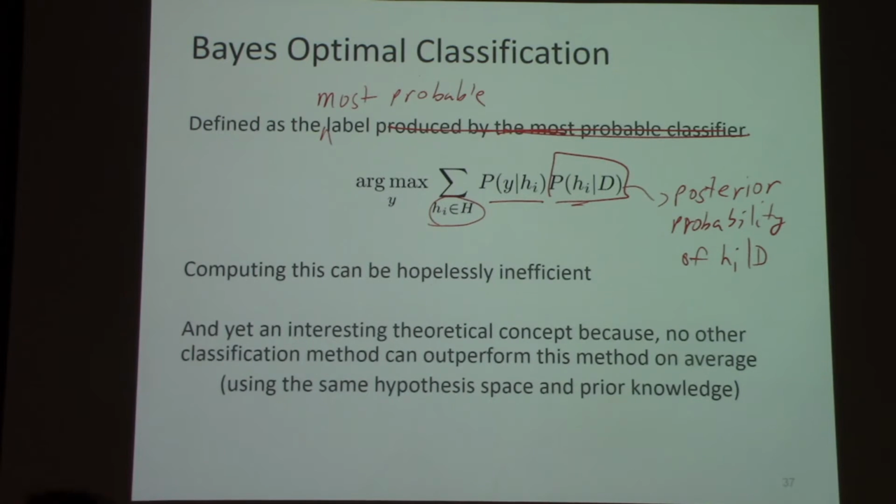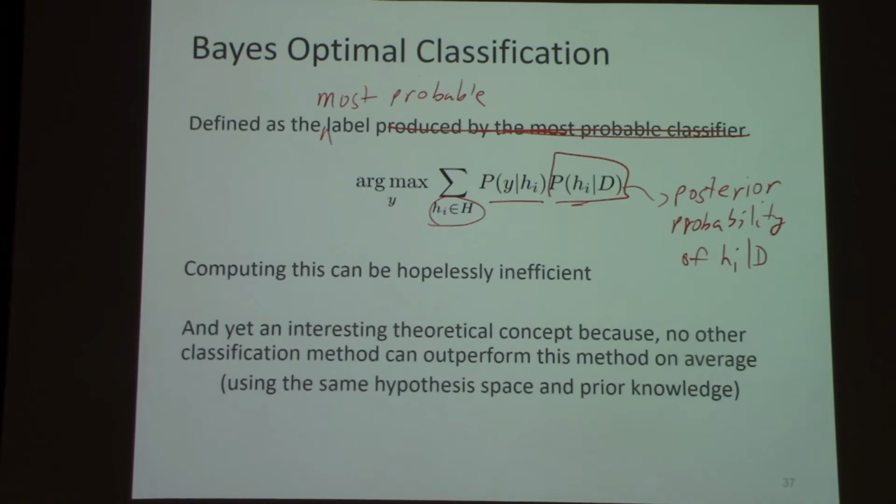It tends to be an interesting theoretical concept because in general, on average, in a formal sense, there is no classifier that can outperform this using the same hypothesis space and the same prior knowledge. By prior, I mean the prior as defined by the Bayes theorem, which is cool, but we can't do. So the story is we can't do better than this, but we can't do this either.